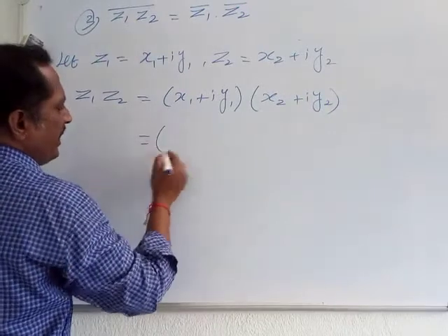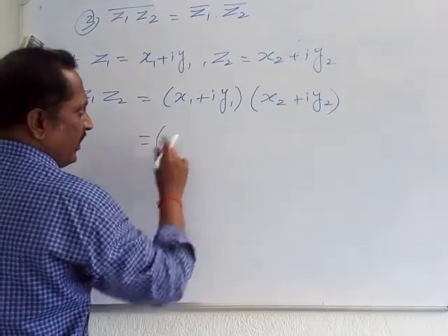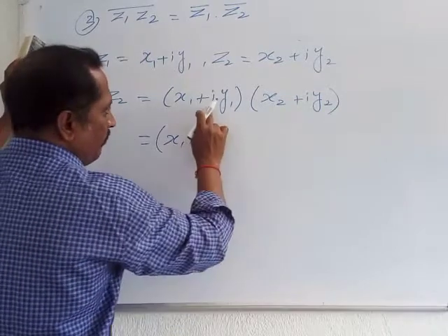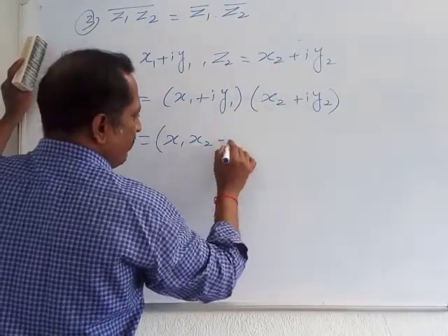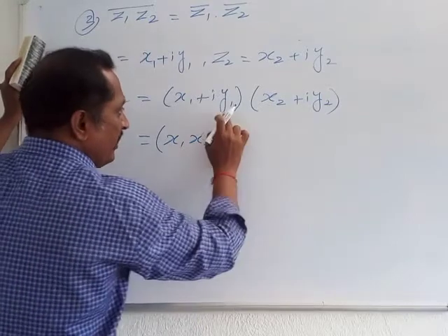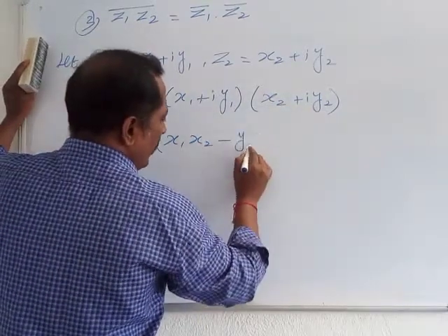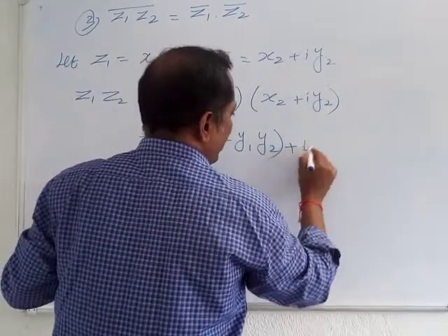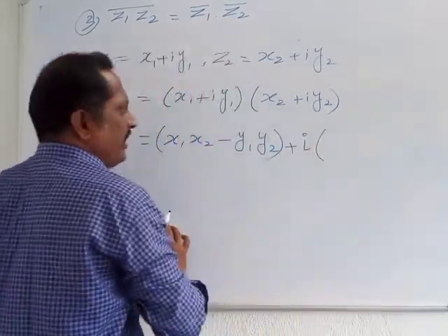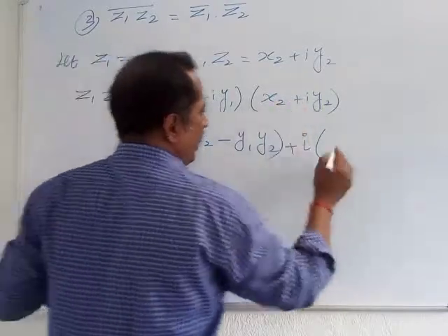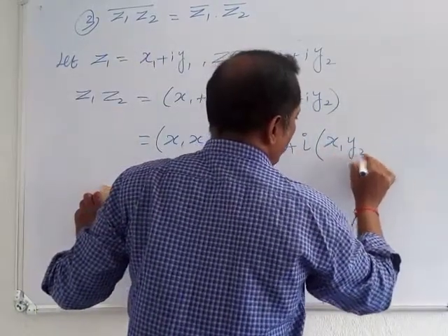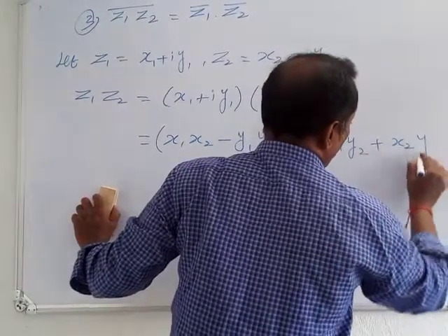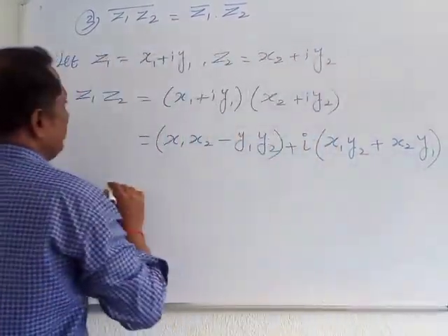So multiplying, first you have to find the real part. Real into real, that is x1 x2. Imaginary into imaginary, both are same sign, minus, multiplying the values y1 into y2. This is the real part. Next plus i into, how do we get the imaginary part? Real into imaginary, this is x1 y2, and imaginary into real, plus x2 y1, right?